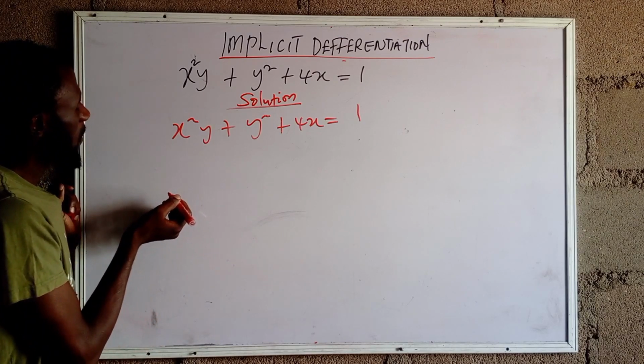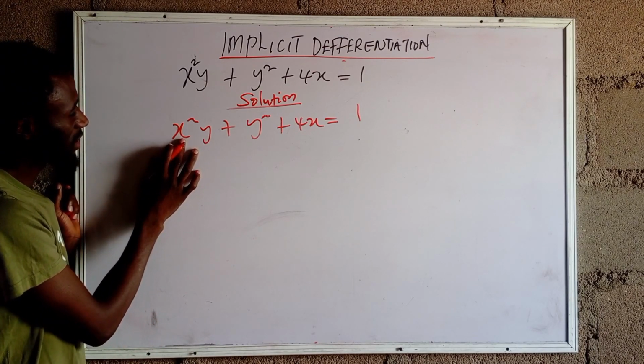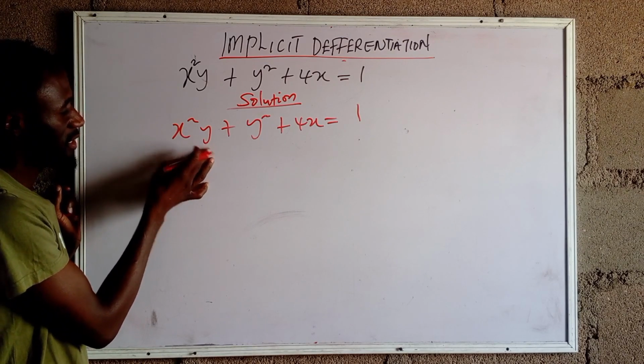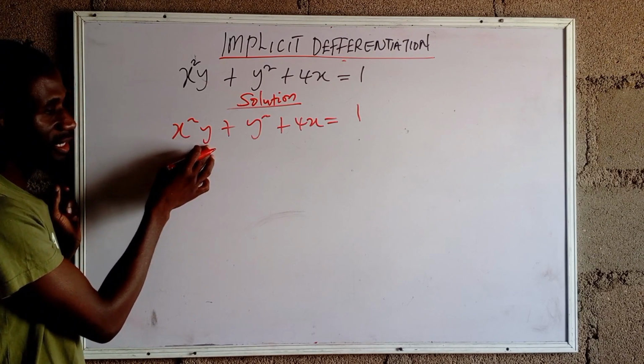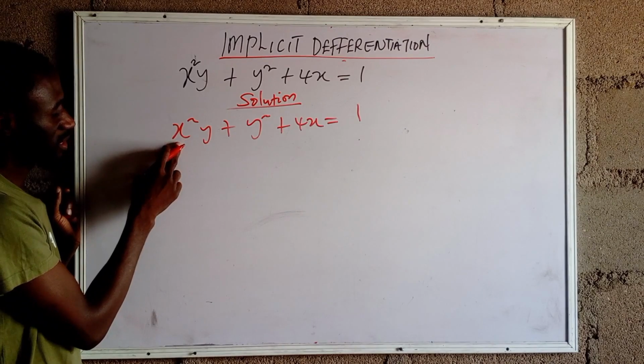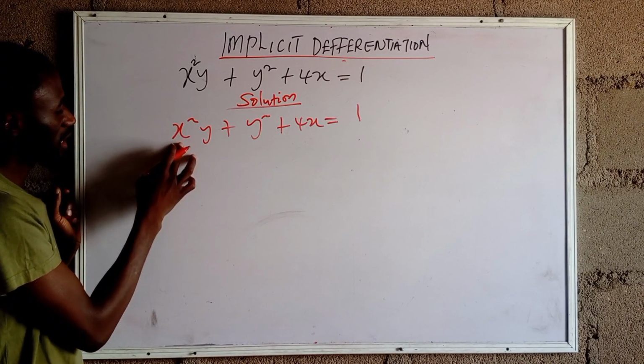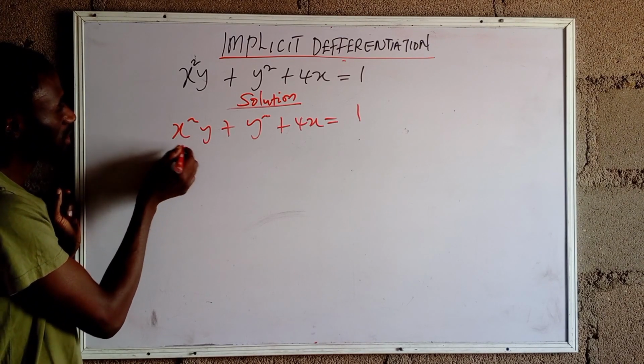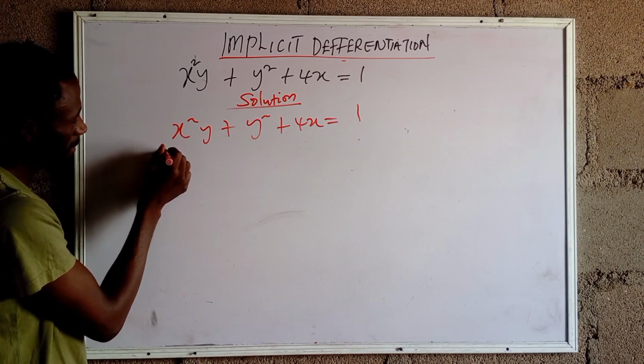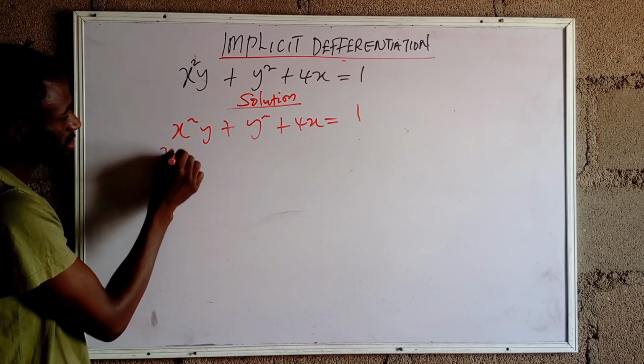In this, if you differentiate x, you keep y constant. Later on you differentiate y and keep x constant. It is up to you whether to start with y or x. Let's start with x here. If you differentiate x squared, you have 2xy.